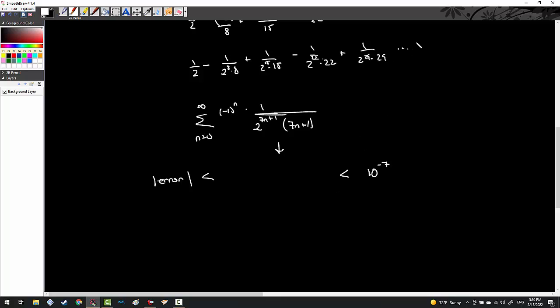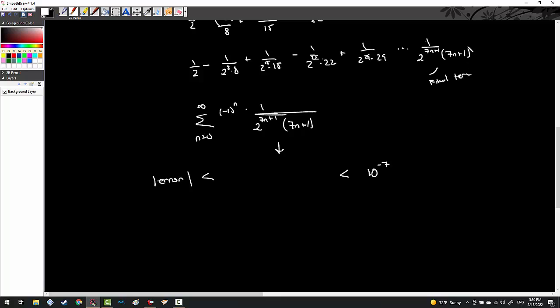And ultimately, I'm going to end up with 1 over 2 to the 7n plus 1 times 7n plus 1. That's going to be my final term, but I don't want my final term. I want the error-bound or maximum wrongness term, which is always the term after the fact.